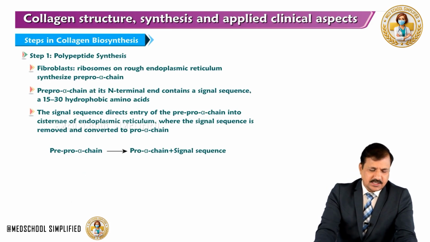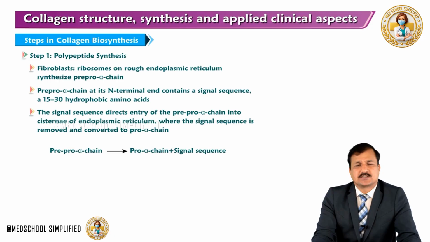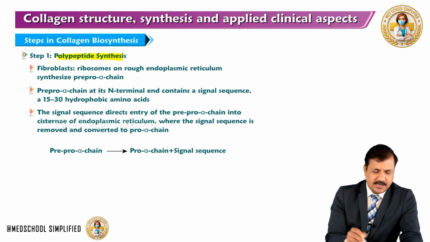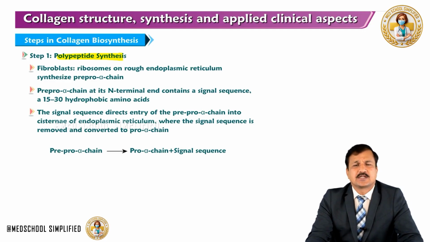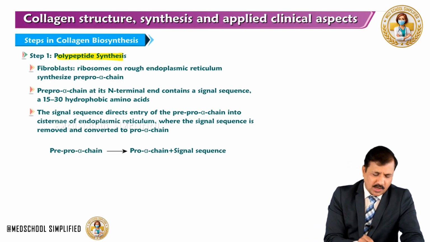Now let's look at the steps in collagen biosynthesis. First is polypeptide synthesis. Fibroblasts are the predominant cells that synthesize collagen. Ribosomes over rough endoplasmic reticulum synthesize a pre-pro-alpha chain.